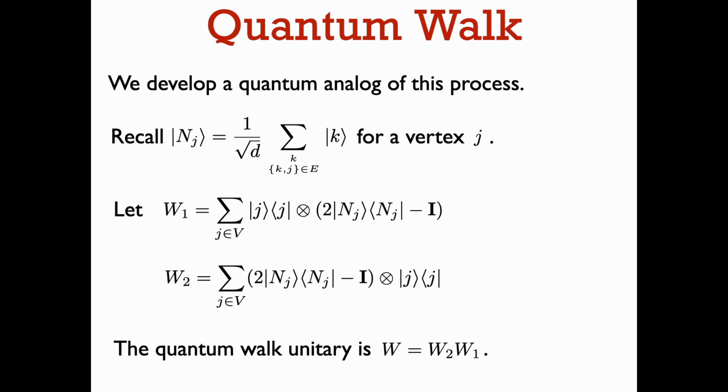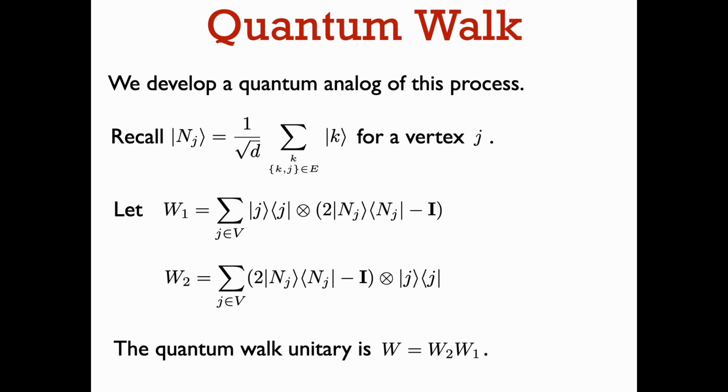Here's how we can develop a quantum analog. Recall that the state Nj is the uniform superposition over the neighbors of vertex j. The quantum walk operator is a product of two unitaries, W1 and W2, emulating the two-step classical process we described on the last slide. When the first register is in the state j, W1 applies a reflection about Nj to the second register.